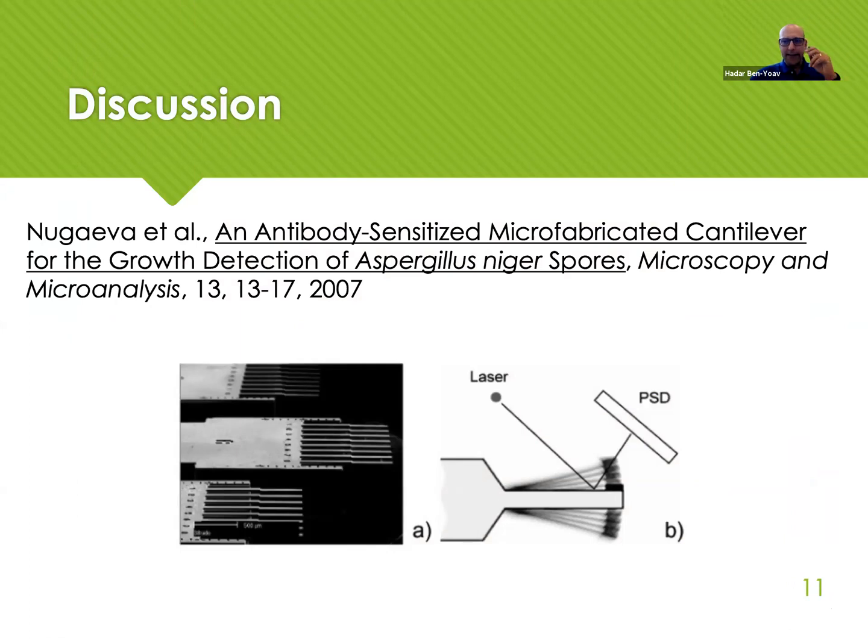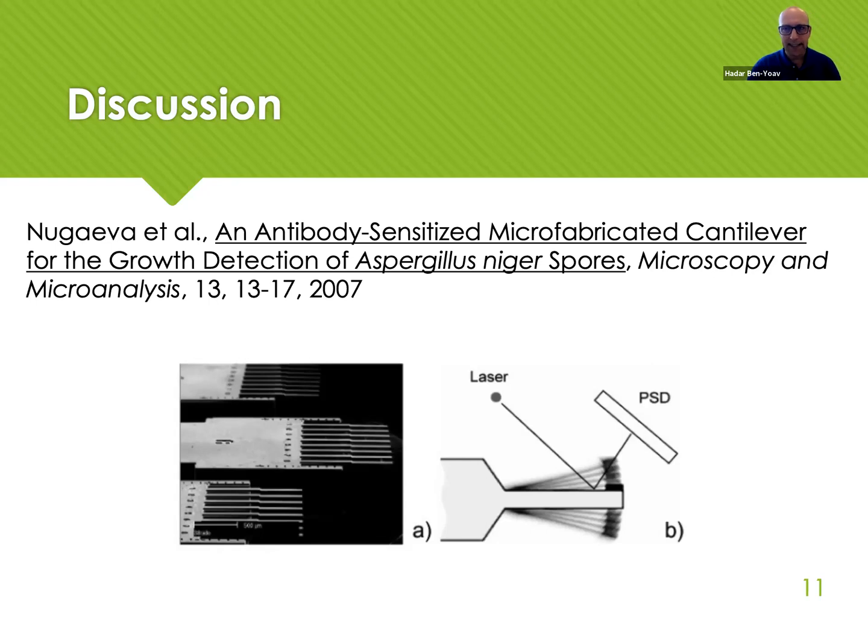So the idea here is let's look at the sensor and analyze the binding reaction, what happens, and the bio interface of the sensor. This paper was published in 2007 in Microscopy and Microanalysis: an antibody synthesized microfabricated cantilever for the growth detection of Aspergillus niger spores.